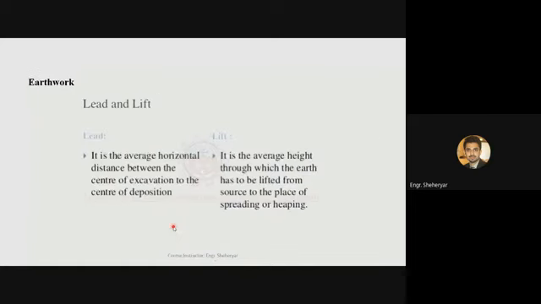So let's introduce you people to some terminologies: lead and lift. What is lead and what is lift?